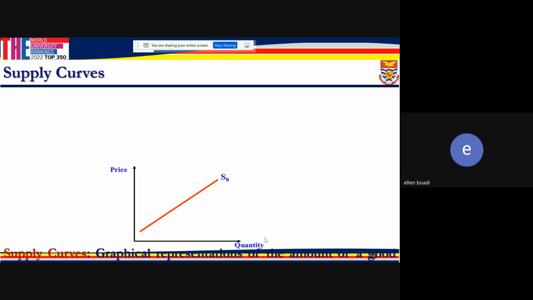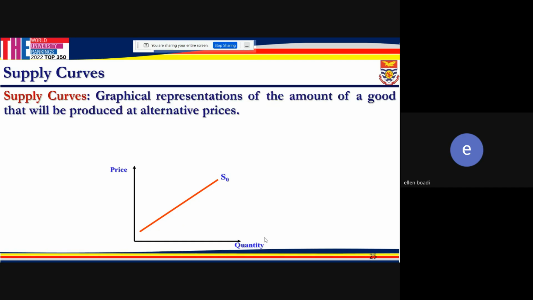When we plot it, this is how the supply curve will look. It is a graphical representation of the relationship between price and quantity. Always when you draw it, you have to label your curve to show that it is describing a relationship between price and quantity.